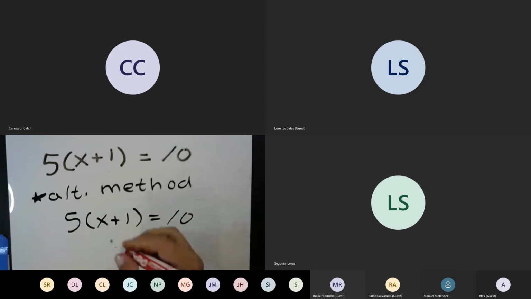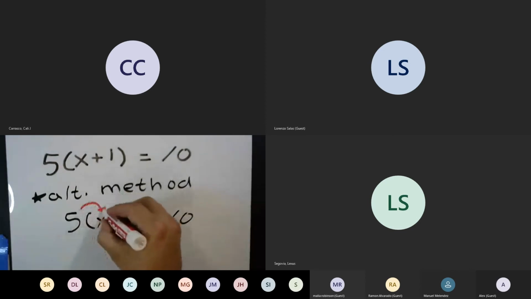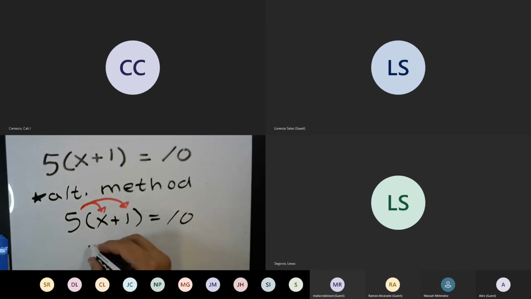We can take the 5 and distribute it to the x and to the 1. And that'll give us 5x plus 5 is equal to 10.